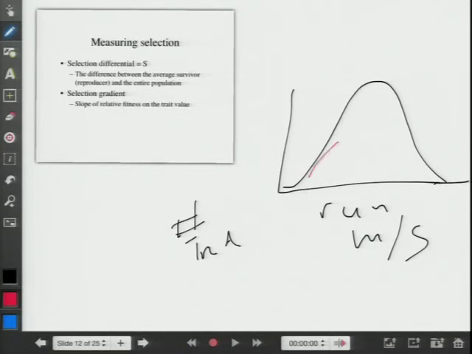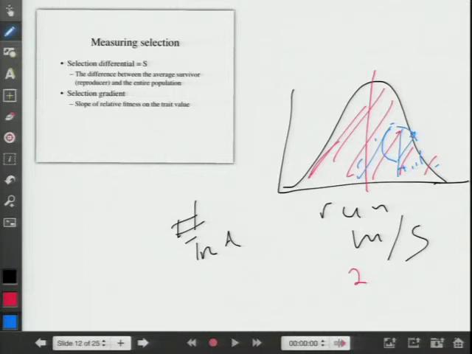Here's the distribution of the entire population, and it has an average of, whatever that is, 2 meters per second. And here's those that get away from the cheetah or whatever and actually reproduce, and their average is, say, here at maybe 3 meters per second. What's S?